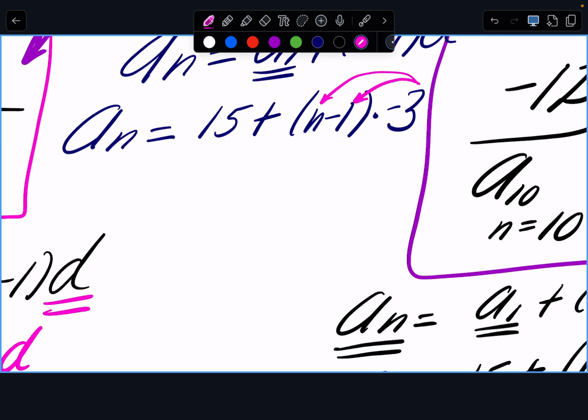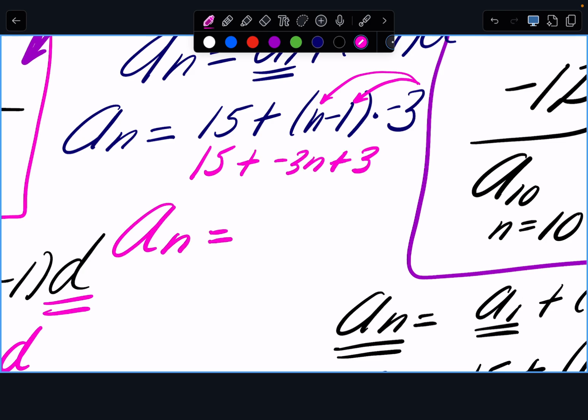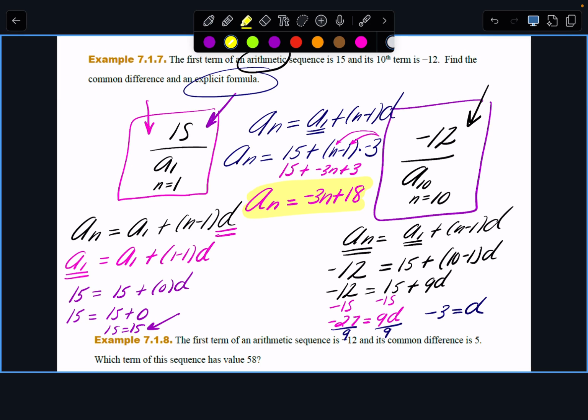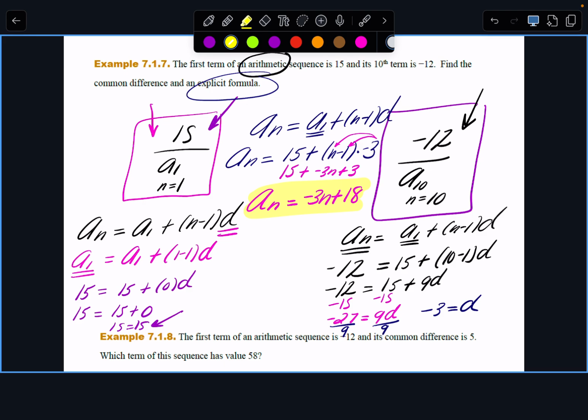If they're just wanting the general formula, you might first have to go figure out what d is, but then you go back to not having n plugged in. So that'd be 15 plus negative 3n plus 3. So the final answer is a sub n equals negative 3n plus 18. Okay, that would be our answer. So you can see sometimes it just takes plugging in what you know and then solving for the unknown.